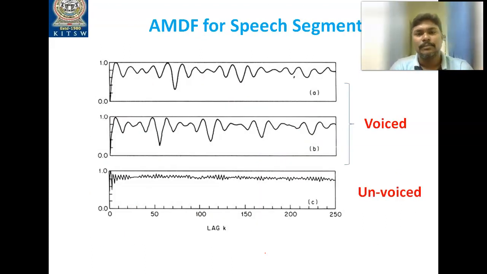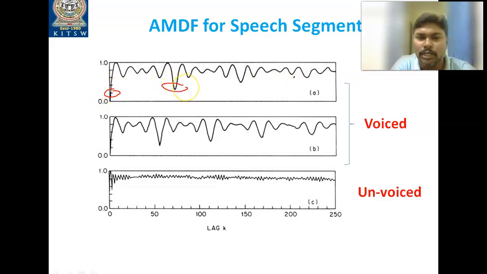Alright, these are some pictorial representations we can easily understand. When we plot the lag k versus the absolute value, we will be having the dips. The first two plots refer to the voiced signal, and the third figure is the unvoiced. When you refer to the first figure, there are dips, valleys.